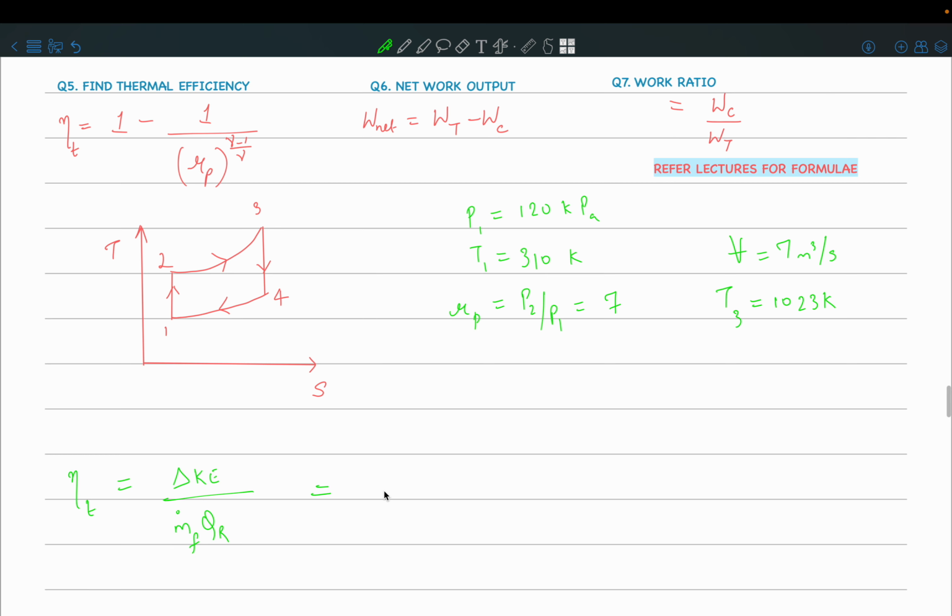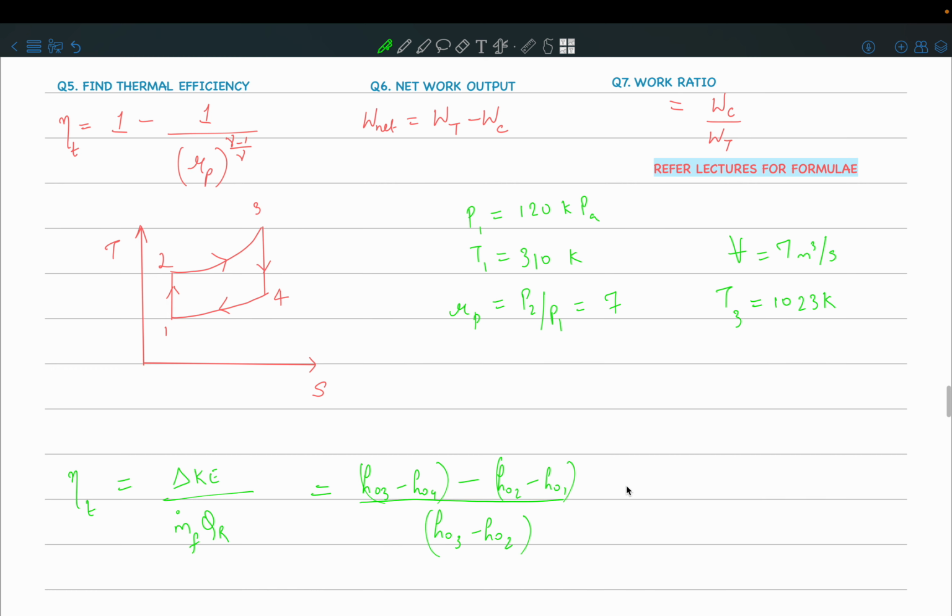That change in kinetic energy you can find out, right? So it will be H03 minus H04 minus H02 minus H01 divided by the energy added due to burning of fuel, that is along 2 to 3. So here you can write it as H03 minus H02.